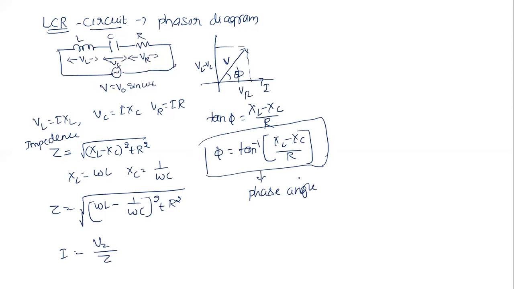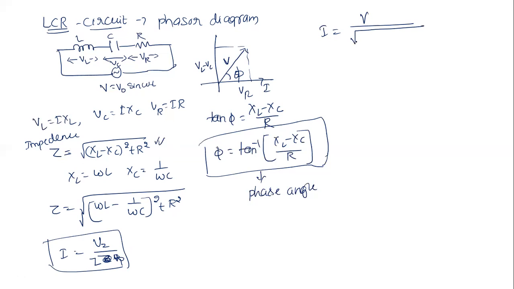Here, one topic you need to remember. Look at this equation: I equals V by Z. To get the maximum value of current, voltage divided by impedance, I'm going to use this equation.